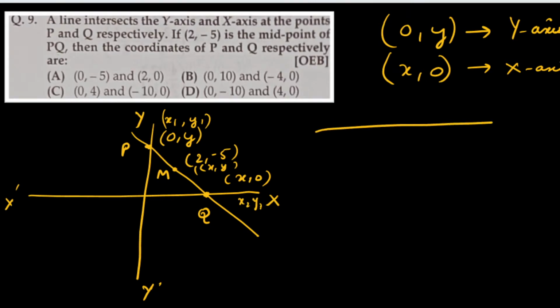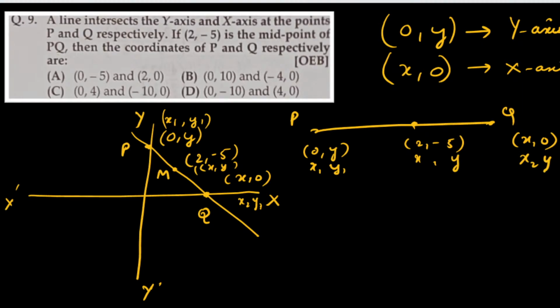So P is 0, y, Q is x, 0, and the midpoint is given as 2, minus 5. So this is x1, y1, x, y and x2, y2. We have to find the coordinates of points P and Q in this question. Because they have mentioned the midpoint, we have to use the midpoint formula. So let's use it.